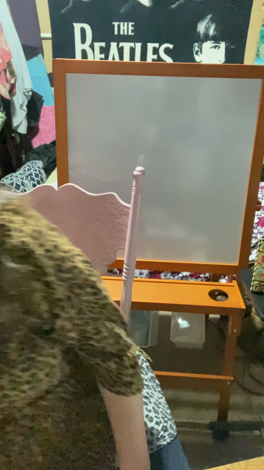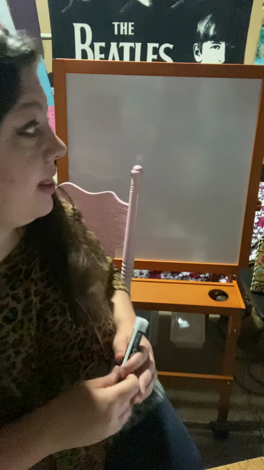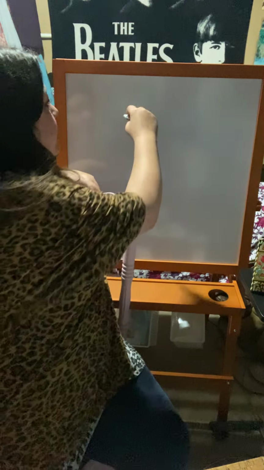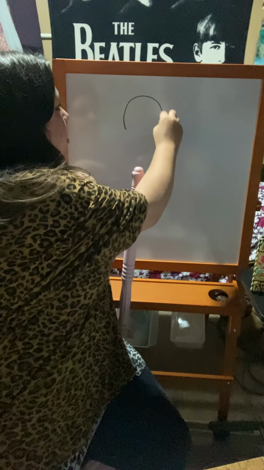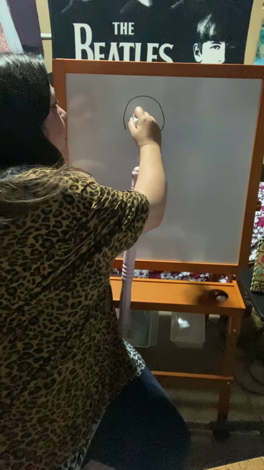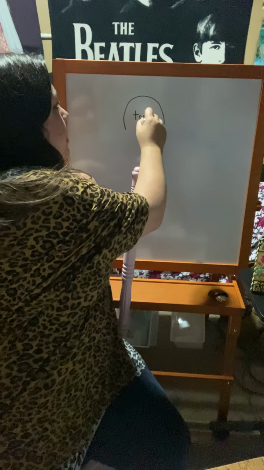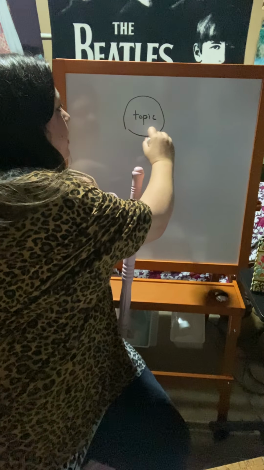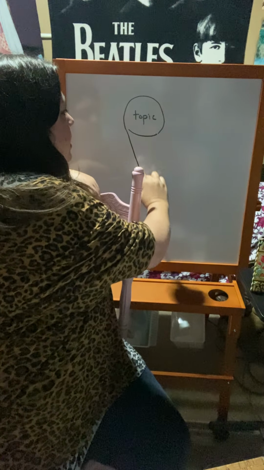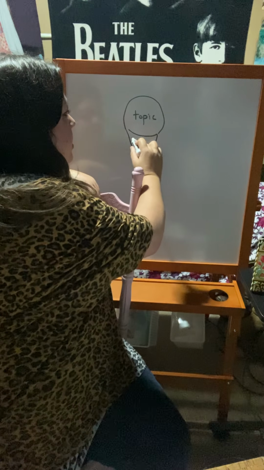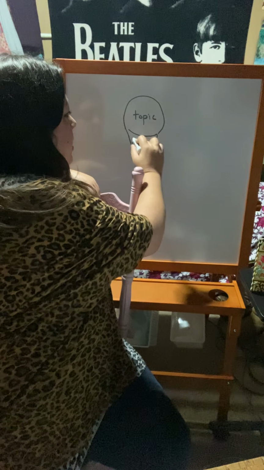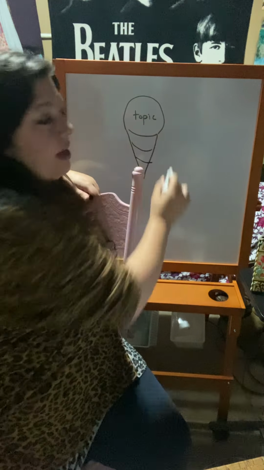Let me get a marker. We said that the main idea or topic was the top of the cone, the topic. And then the supporting details were the cone, because they supported or held it up. Details.